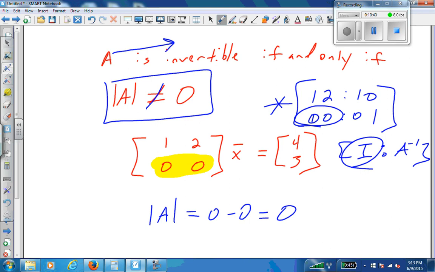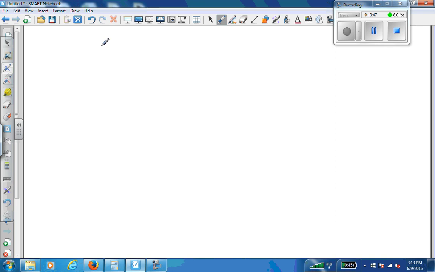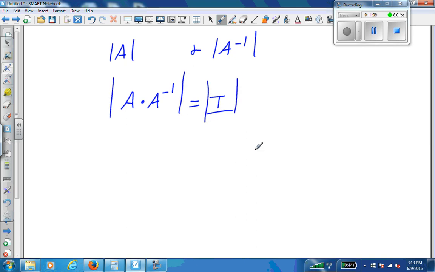Now let's look at the relationship between the determinant of A and the determinant of A inverse. Now note that A times A inverse equals I. So let's take the determinant of both sides.